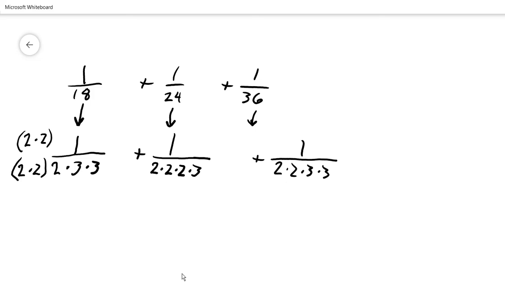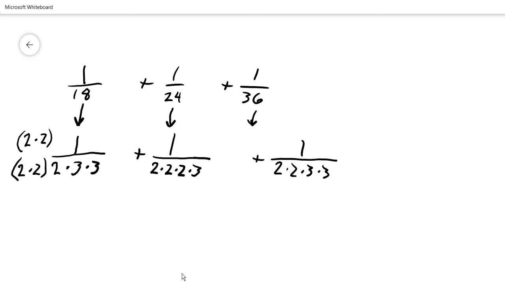Now, notice I'm just multiplying this first fraction by the number 1, because 4 over 4 is 1. Any number divided by itself is 1. It's not going to look the same as it does right now. It's not going to look like 1/18, but believe me, that's exactly what it's going to mean after I do this multiplication.